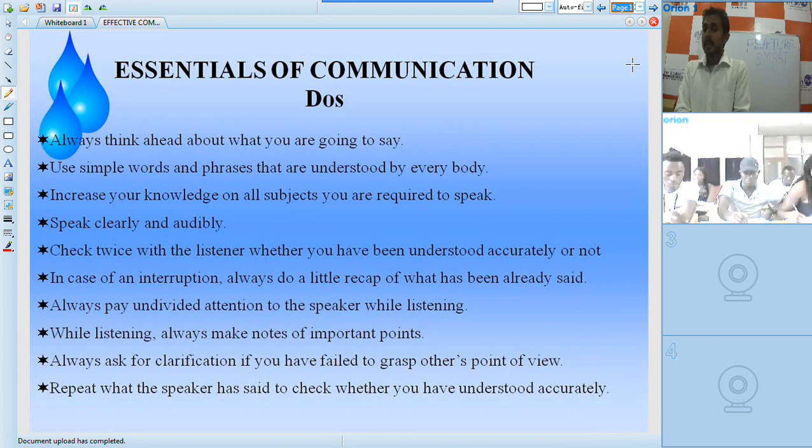If you have any doubt or query, you need to ask for clarification. So, for any doubt or clarification during listening, you just raise a question after completing the topic, saying that you are unable to understand this topic, so the speaker can repeat it.